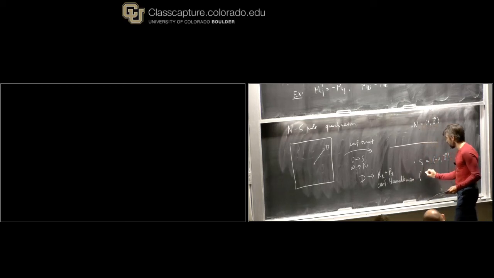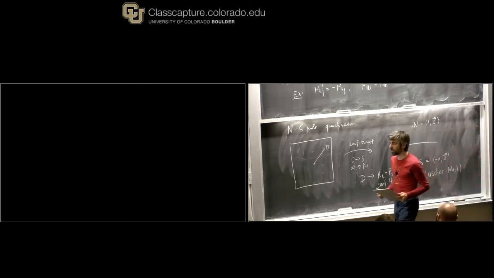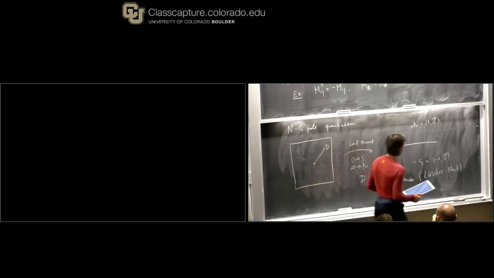And it was introduced by Lüscher and Mack. And Lüscher is the same Martin Lüscher, who was mentioned many, many times in Tom's lectures. So before he did important work on lattice gauge theories, he did important work on conformal field theories as well.